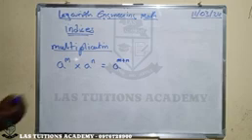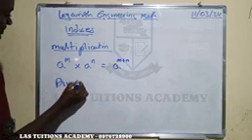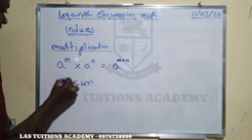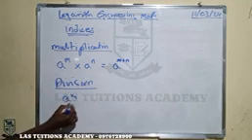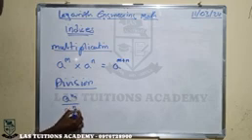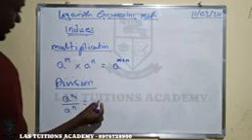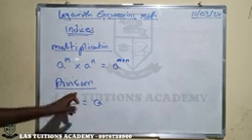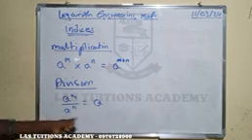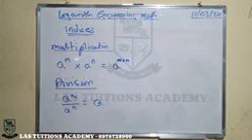So we go quickly to division. Under division, we have a to the power m over a to the power n. We have a, which is the common base there. This is the base, this is the index. So the same base, we write the base down there. What do we do with the powers when we are dividing?